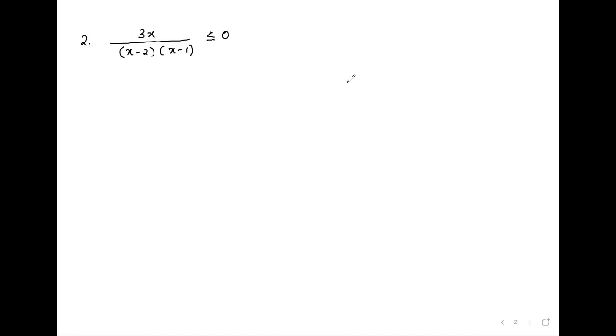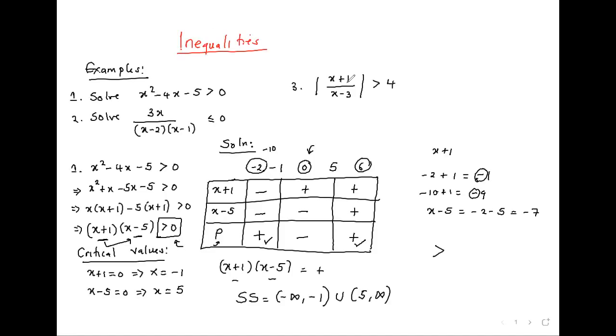So here, the denominator is already factorized. For the first question, we had to factorize the left side. But in this case, we have the denominator factorized, the numerator factorized. So we just go straight to critical values.